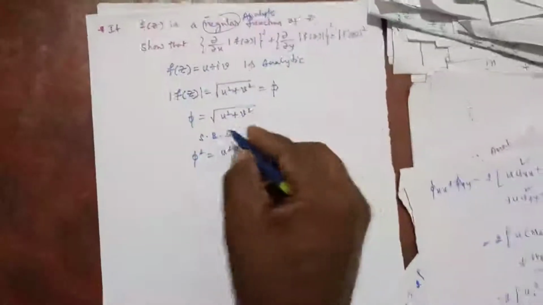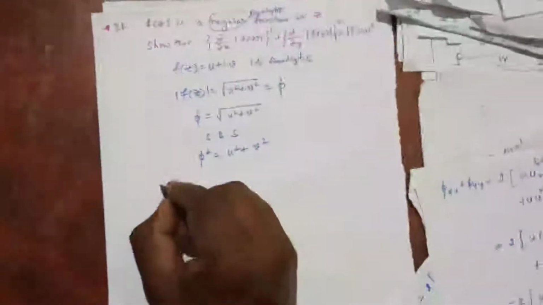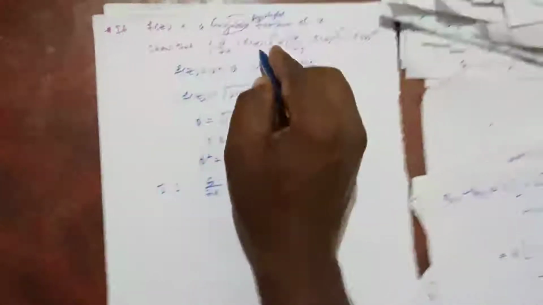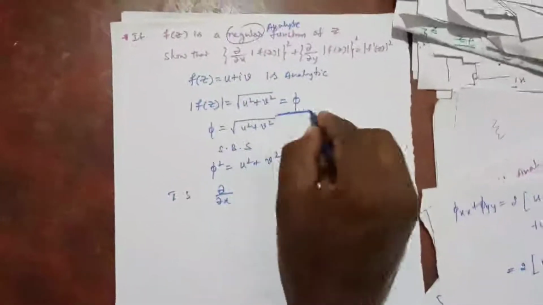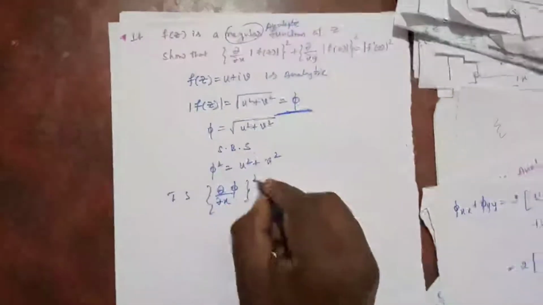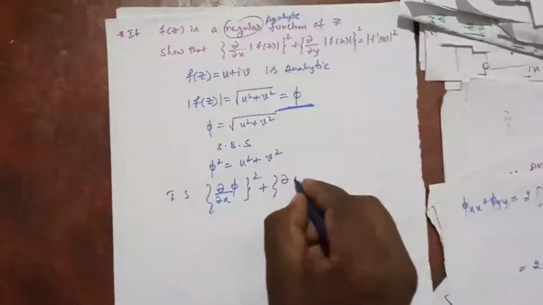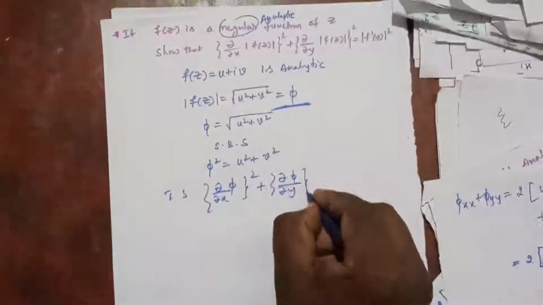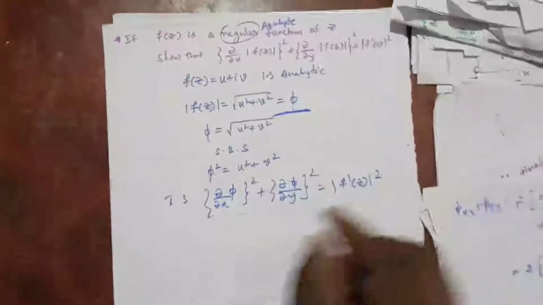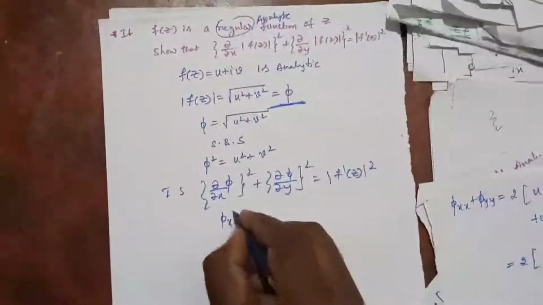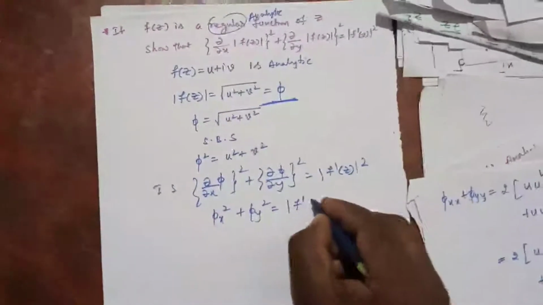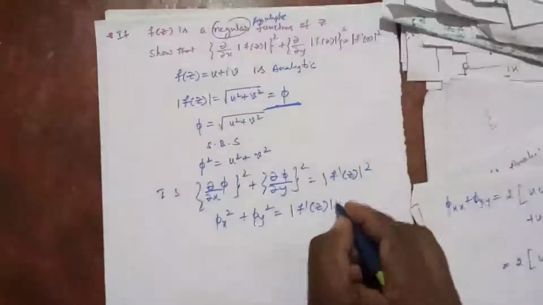So instead of proving all these things, to show that dou by dou x of, in place of modulus of f of z, we write phi: dou phi by dou x whole square plus dou phi by dou y whole square, that is phi x square plus phi y square, is equal to modulus of f dash z whole square.